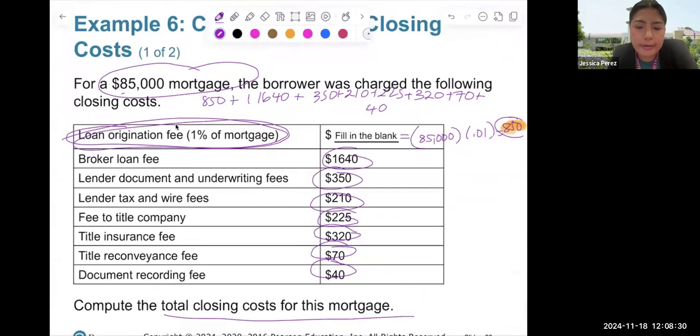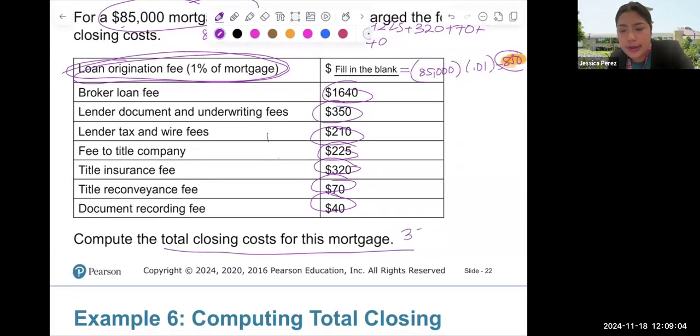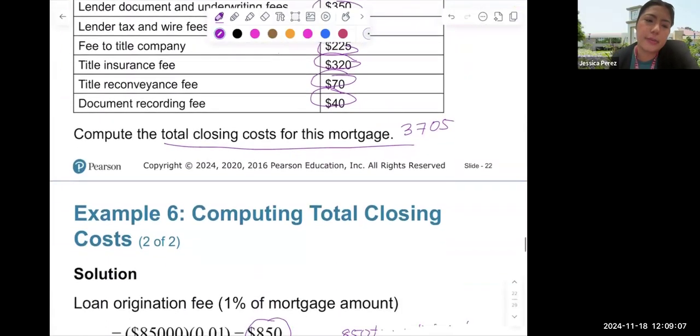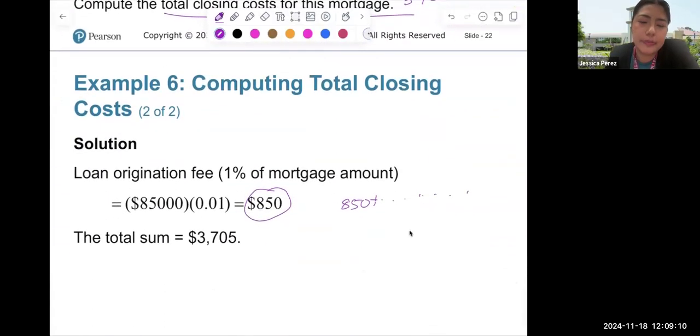So if I plug in 850 plus 1,600 and, I can't tell, 1640, plus 350 plus 210 plus 225 plus 320 plus 70 plus 40. And that gives me my total of $3,705, which is my closing total sum. Okay.